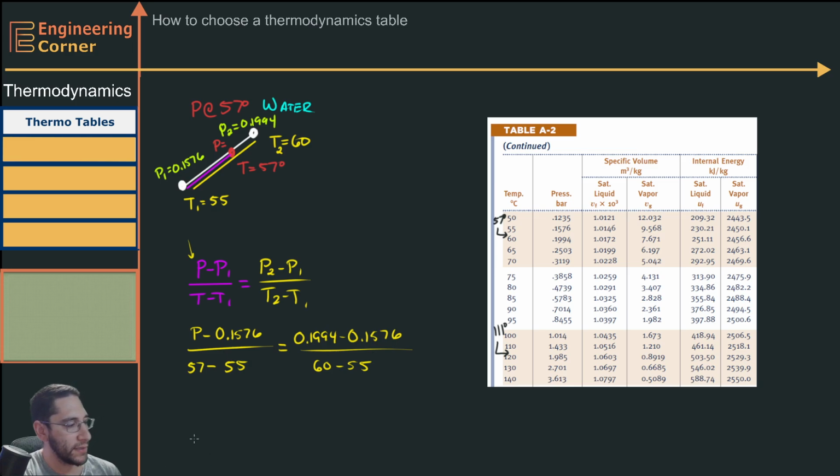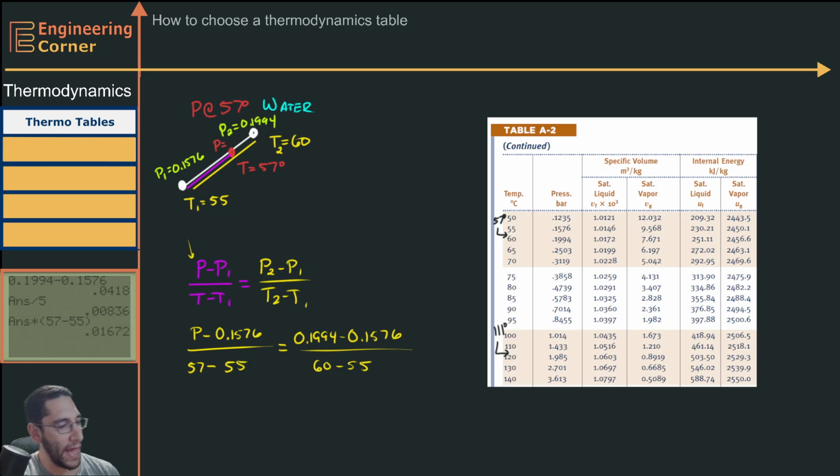All right, now I can just compute this. I can say 0.1994 minus 0.1576 divided by 5, and this is going to be multiplied by this 57 minus 55, or 2.